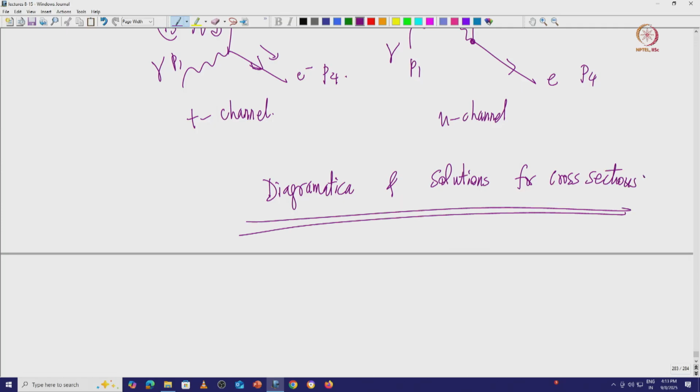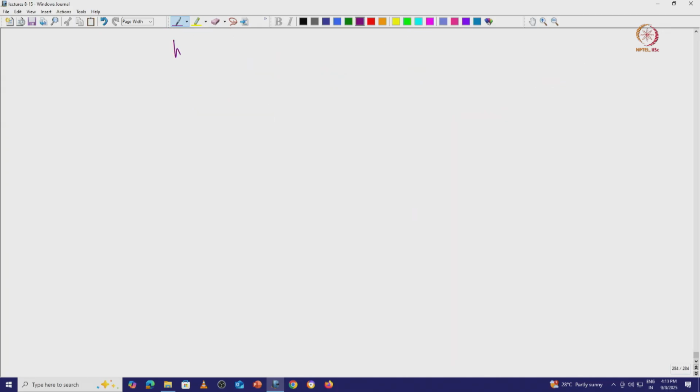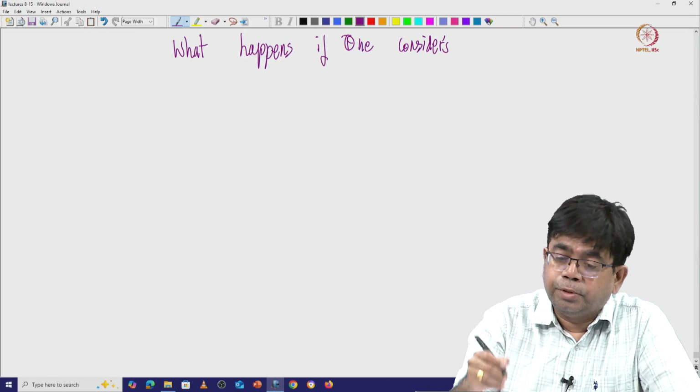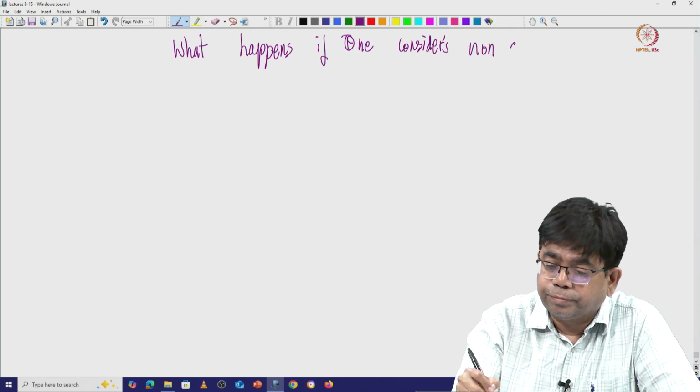So that is what we have seen. So far we have seen cross sections essentially, calculation methods for cross sections. What happens with a non-dynamical photon?